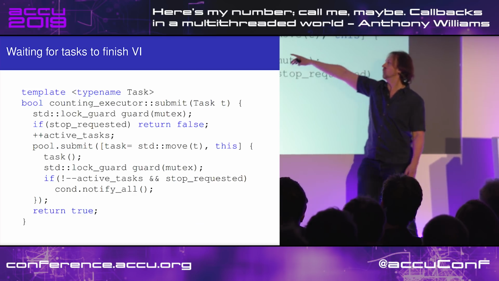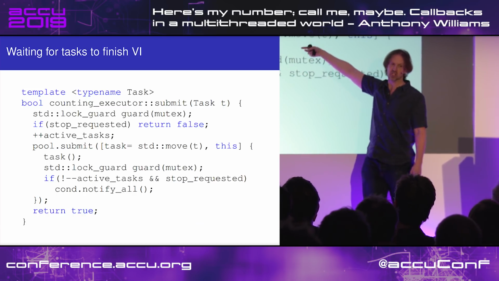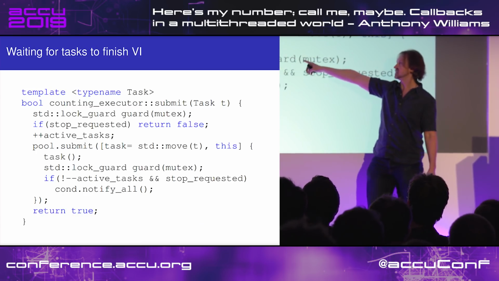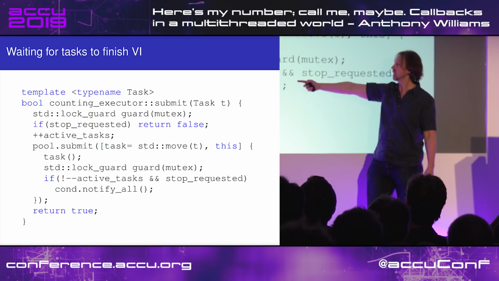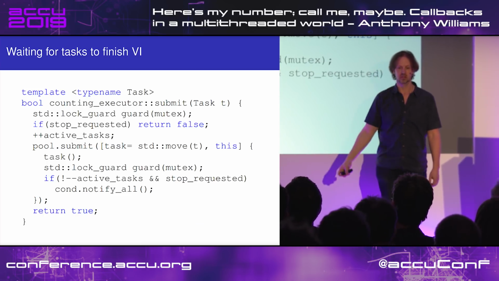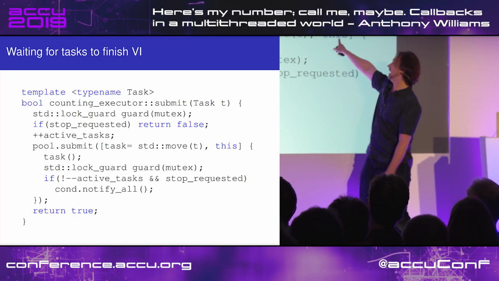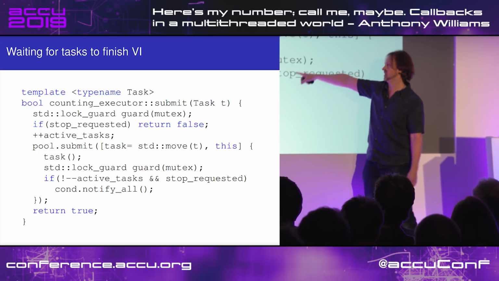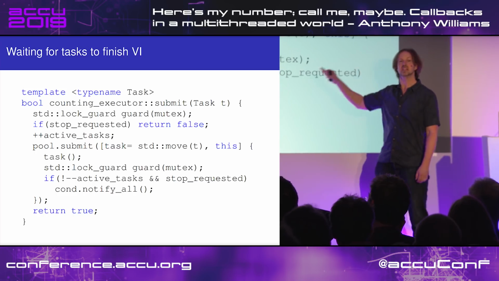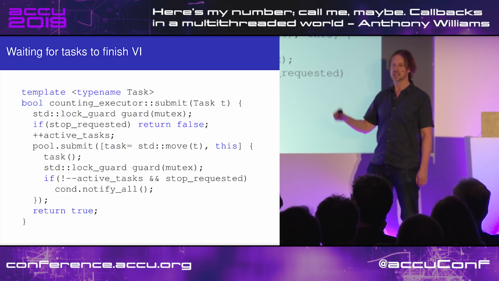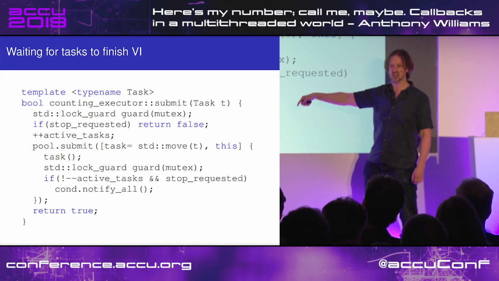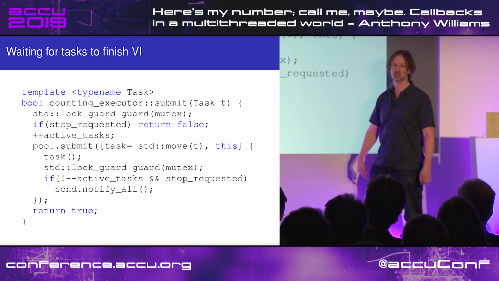But we don't submit the raw task, we submit a lambda that wraps it. We call the raw task, and then we lock our mutex and decrement the active tasks, and if it's 0, then we notify. And again, we have to capture this so that we can lock our mutex. But it is safe to capture this because the destructor for the counting executor waits for the tasks.